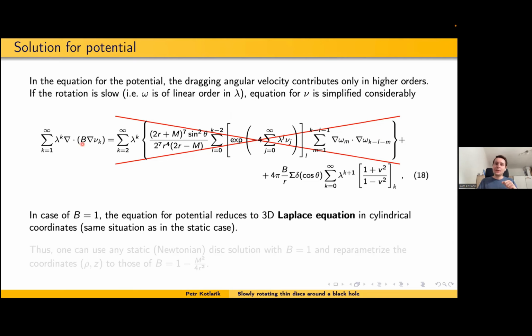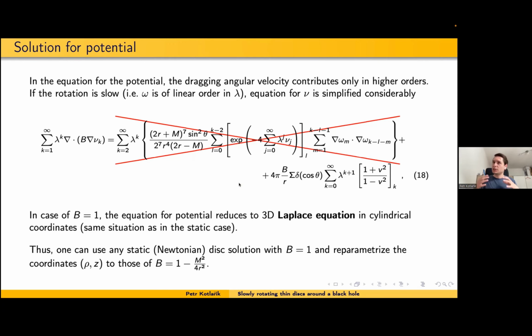And if we choose B equal to 1, then what remains is just the Laplace equation in cylindrical coordinates, which is the same equation as in Newtonian gravity and also in the purely static case in general relativity. So if we assume slow rotation for the potential, we can use any solution to the Laplace equation, and then reparameterize the coordinates to those of our capital B.